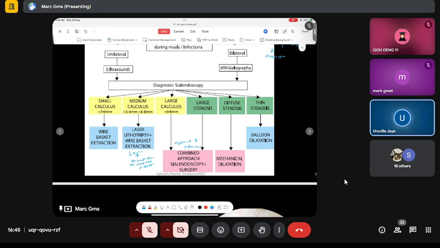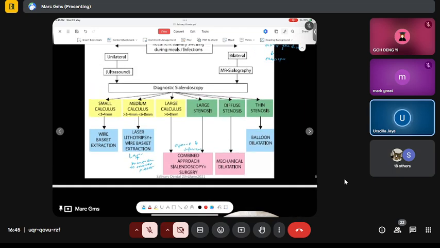A diffuse stenosis needs mechanical dilatation. So we've got different sizes of our probe. It starts from 000 up to, if I'm not mistaken, 7. So you start with 000 and then you introduce the 00 and then you gradually increase it. Okay. Next.